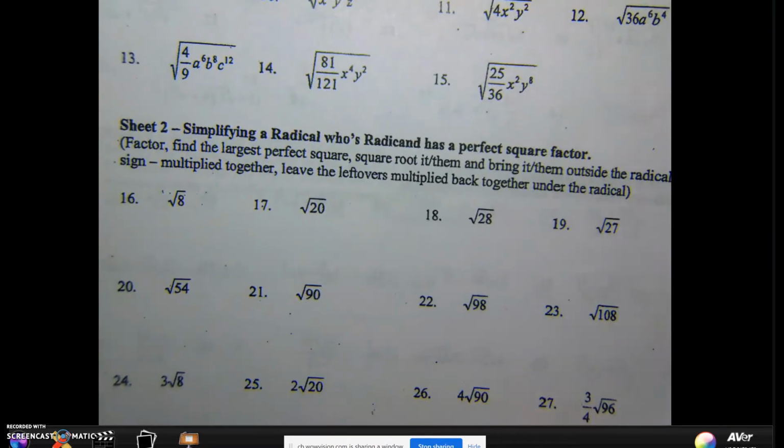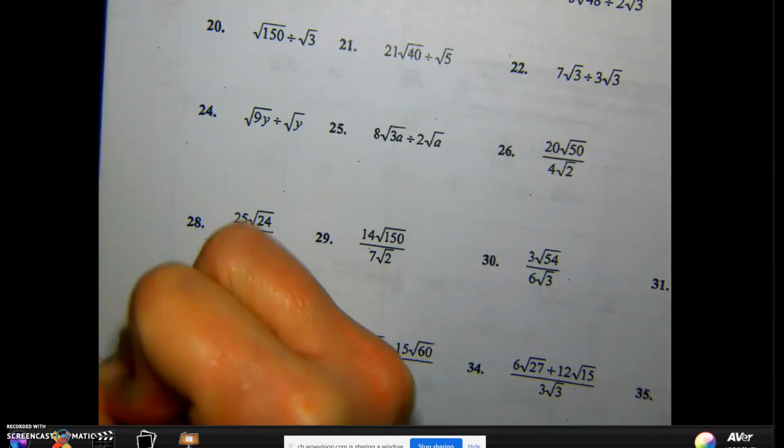So 4 and 5, then all of page 8. You guys have about 25 minutes today, you're fine. So page 4, 5, and 8. Any questions? No. Okay.